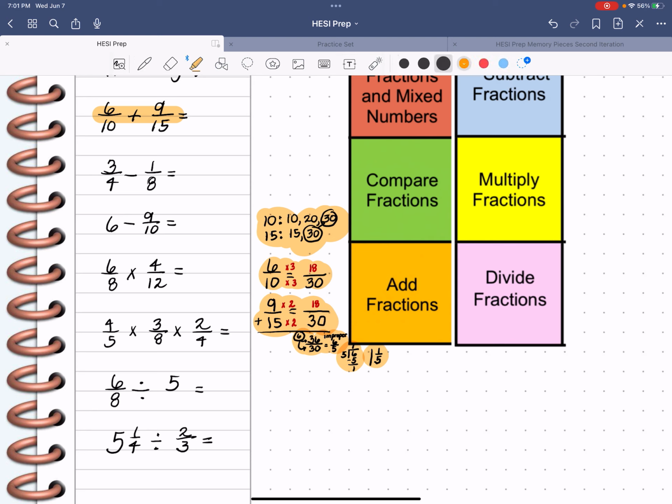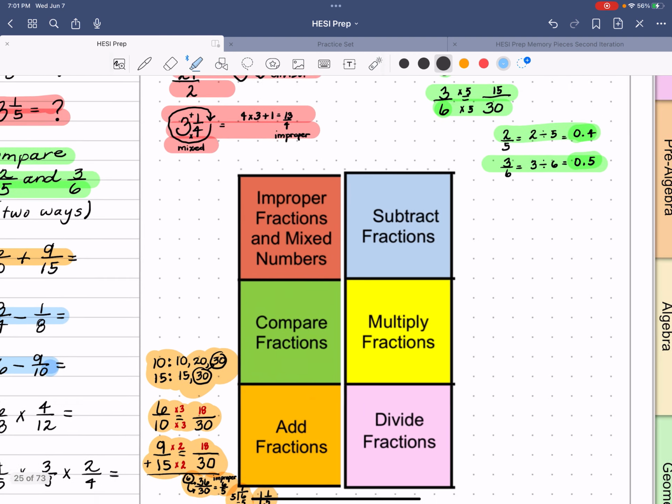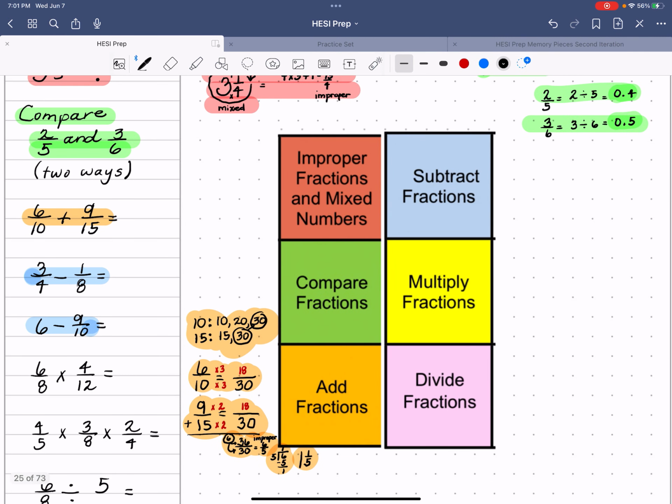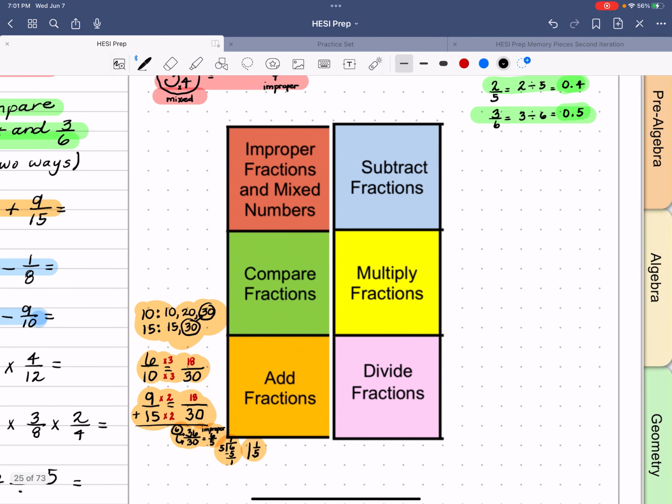Okay, the blue one, we are subtracting fractions, so we have 2 of these because they're a little bit different. So under that blue door, let's do 3/4 minus 1/8. So again, I want to write them vertically because I need a common denominator.